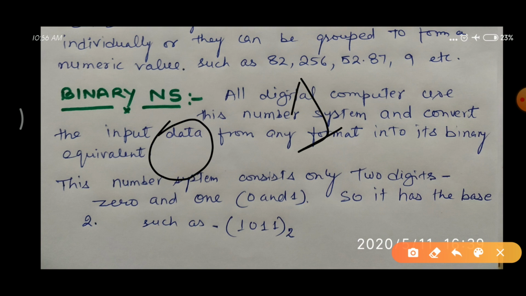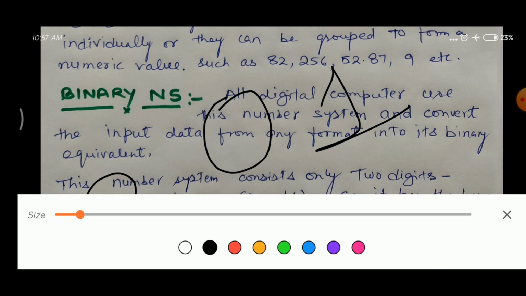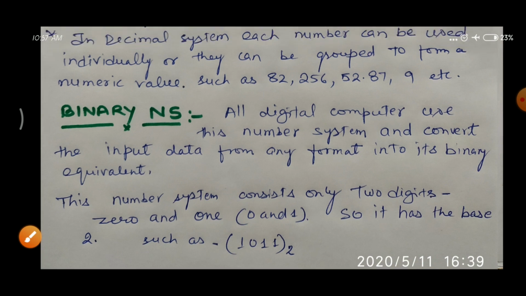Okay, and in the decimal number system we can use the digits from 0 to 9, whereas in the binary number system we can only use two digits, that are 0 and 1. Okay, so if we total these two digits, these are only 2. So therefore the base of the binary number system is 2.